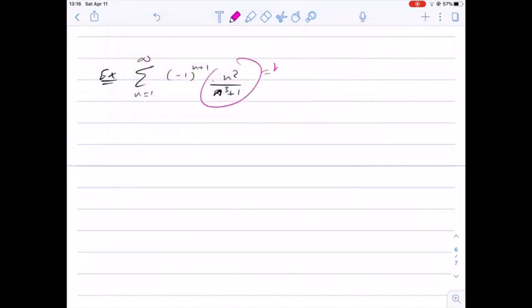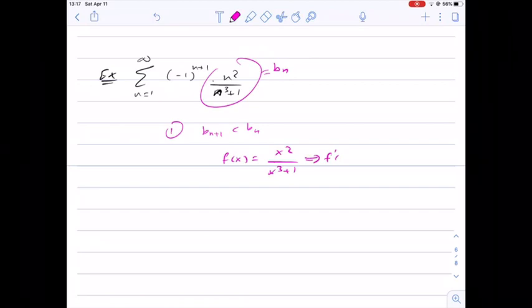We have Bn, the general term Bn is n squared over n cubed plus 1. So the first condition is that it's decreasing. We want to show that this is decreasing, Bn+1 is less than Bn, but it's not easy to do so by just plugging in n plus 1 and n. So we convert this into a function of x.